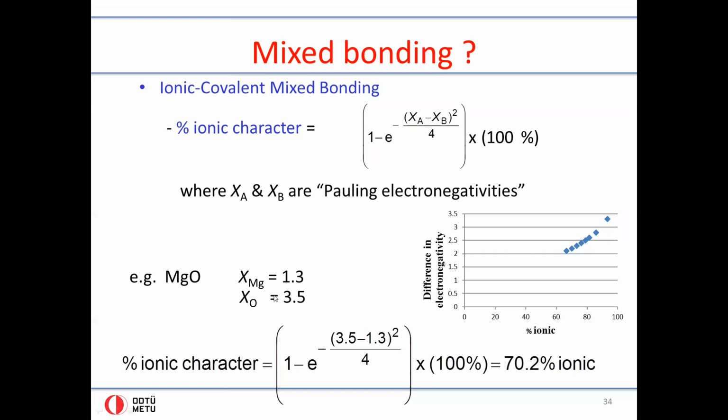So the idea is, if you combine magnesium and oxygen, the difference in their electronegativities, listed in the previous periodic table slide a few slides back, determines how ionic they are.